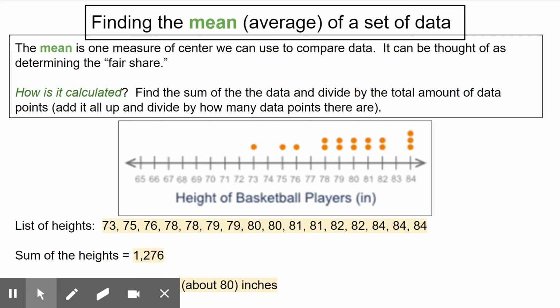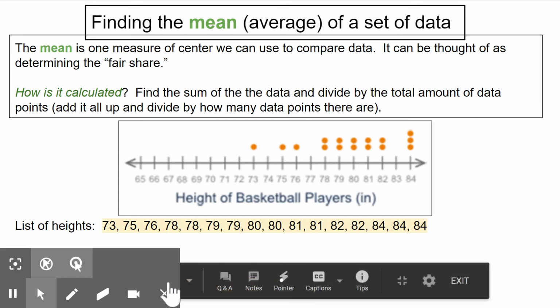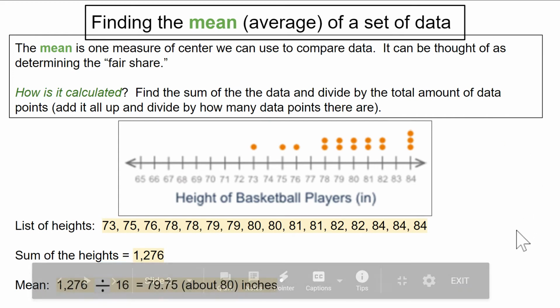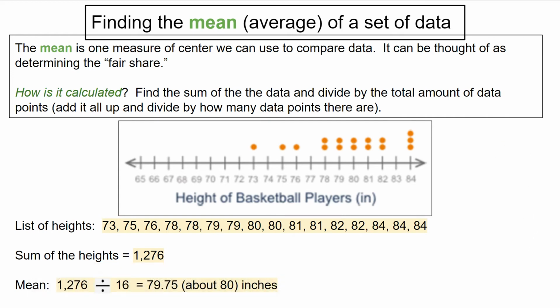And then we again use a calculator. Calculator is our friend. We add up all of the heights, and the sum of the heights is 1,276. And then once we have the sum, we divide it by the 16 players.